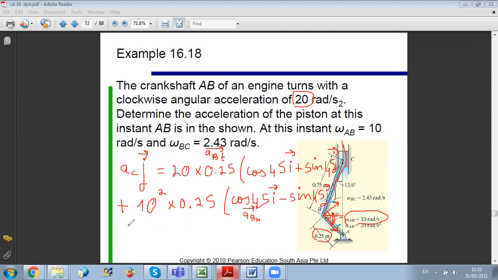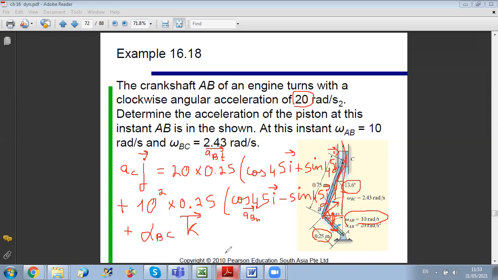So it's AB plus alpha BC. So we assume that alpha BC is counterclockwise. So plus alpha BCK vectorial BC. Now what is vector BC? If you look at this figure, BC is doing an angle with the vertical of 13.6.